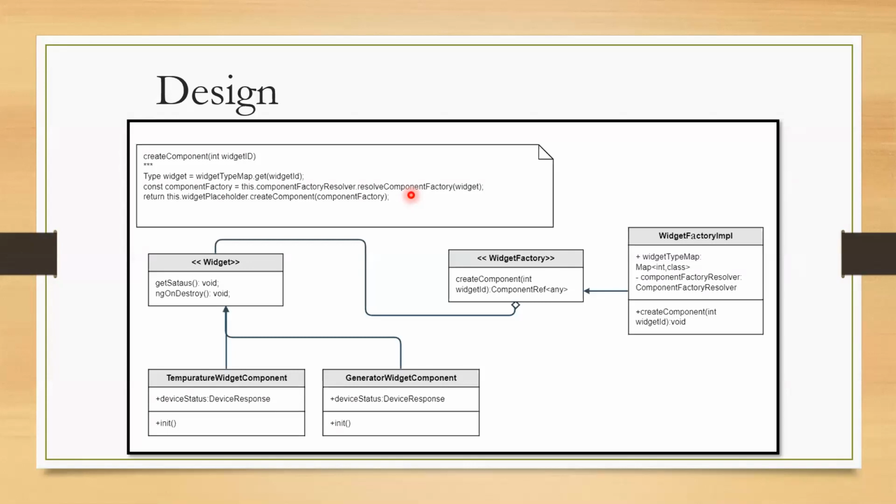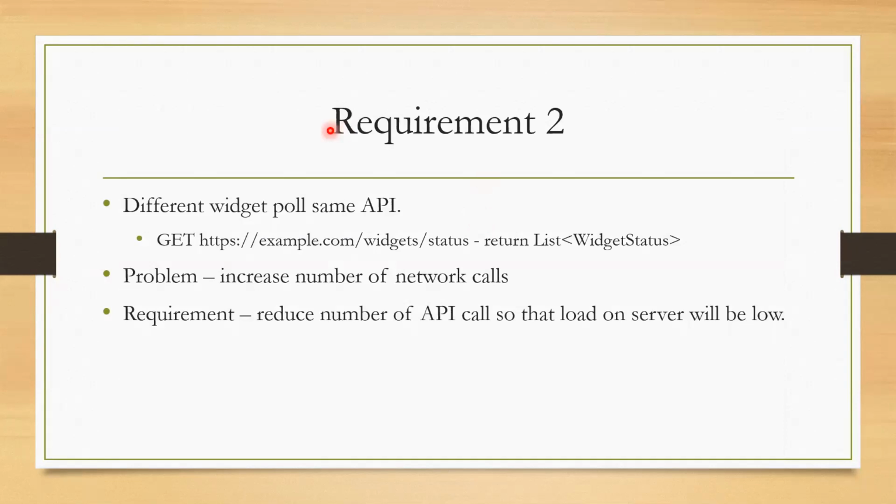Every widget fetches the API details. With get status, we are fetching the widget status and widget list, so every widget calls that. What happens here is there will be huge network calls, and the server will get huge network traffic. So after we deliver this design solution, the client will come back to us with another requirement.